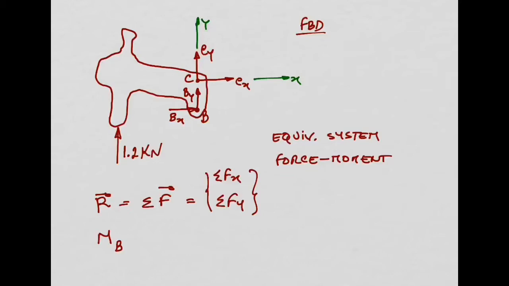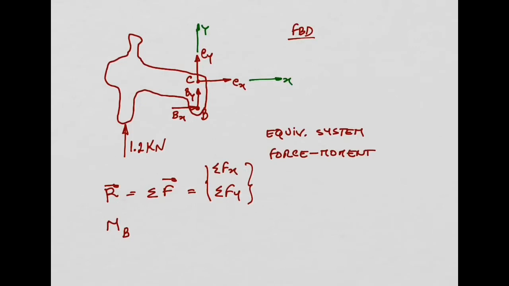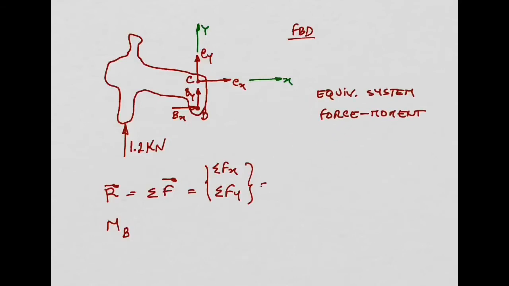So these are your equilibrium equations, and what we say is that the summation of forces, in order to be in equilibrium, needs to be equal to 0. Yeah? And the summation of all moments about point B also needs to be equal to 0 to be in equilibrium. Right? That's all we have to do for these two equations, so we can continue here.